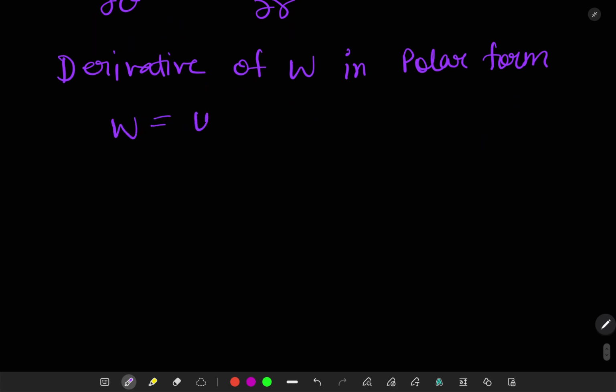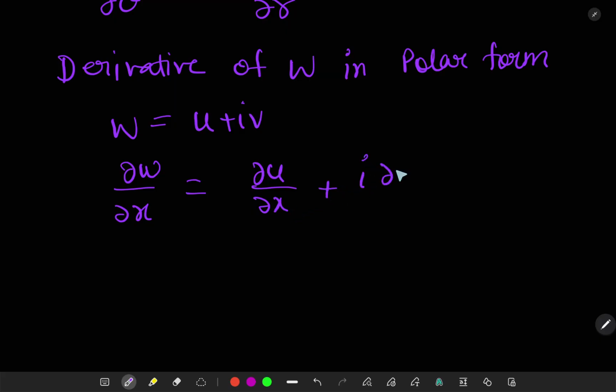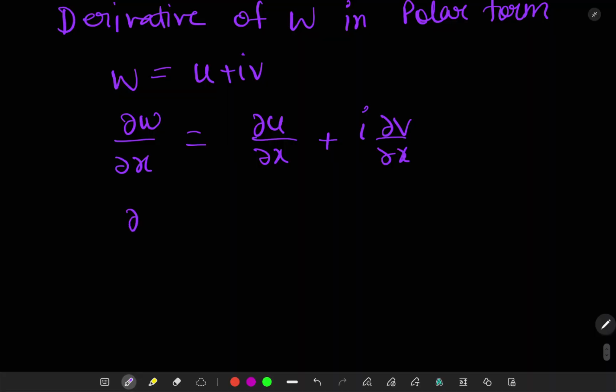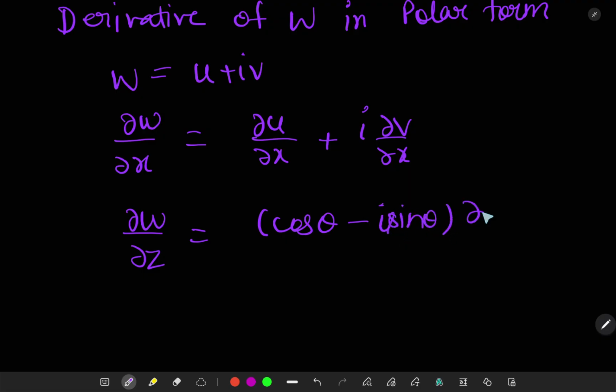Here w is equal to u plus iota v. So we can write here del w over del x equals del u over del x plus iota del v over del x. Here if we differentiate w in terms of z, we get cos theta plus iota sin theta del w over del r.